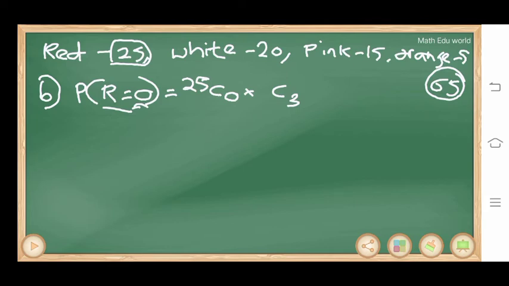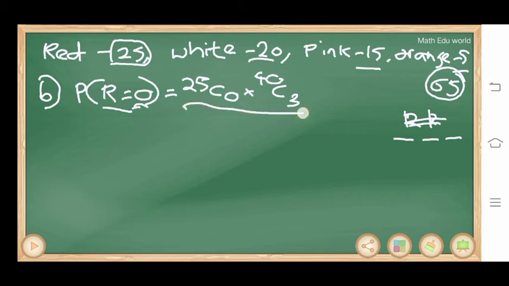That means when the number of red roses is 0, however, you have to select 3 roses. So if these 3 roses are not red roses, we get 25C0 multiplied by 40C3, because the others are 40 roses: 20, 15 and 5, there are 40 roses.